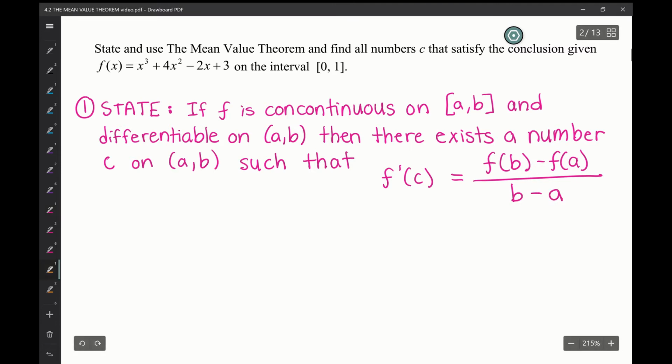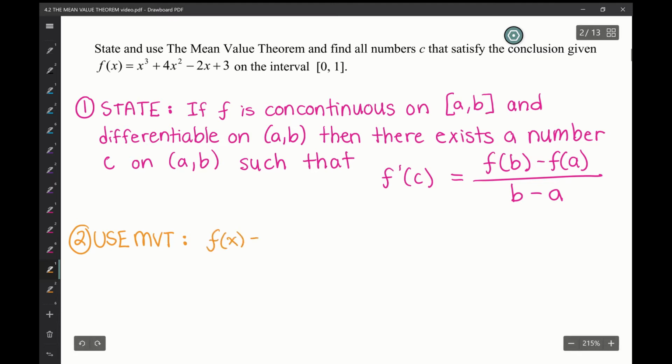So we've stated the mean value theorem. After you state the mean value theorem, we want to use the mean value theorem for our function. So we want to show that our function is continuous and differentiable over the interval.